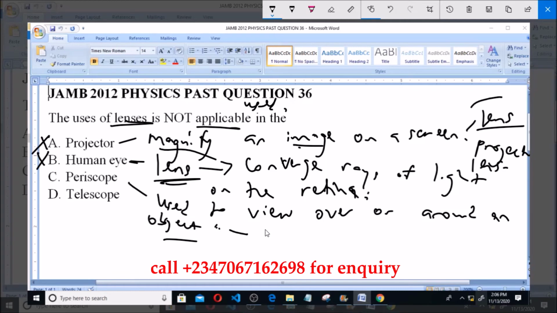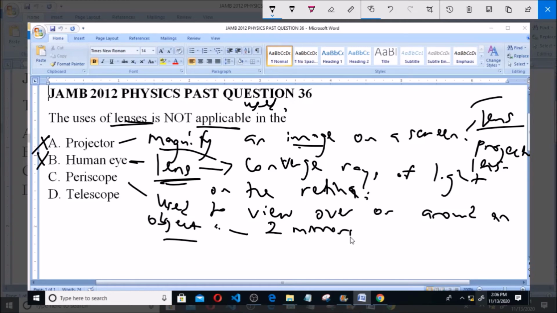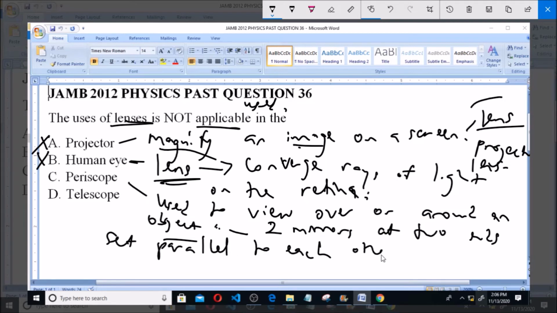A classical periscope makes use of two mirrors at two ends, set parallel to each other at a 45-degree angle. So you can see that this periscope makes use of mirrors and not lenses. So lenses are not applicable in the classical periscope. So the periscope is the answer to this question.